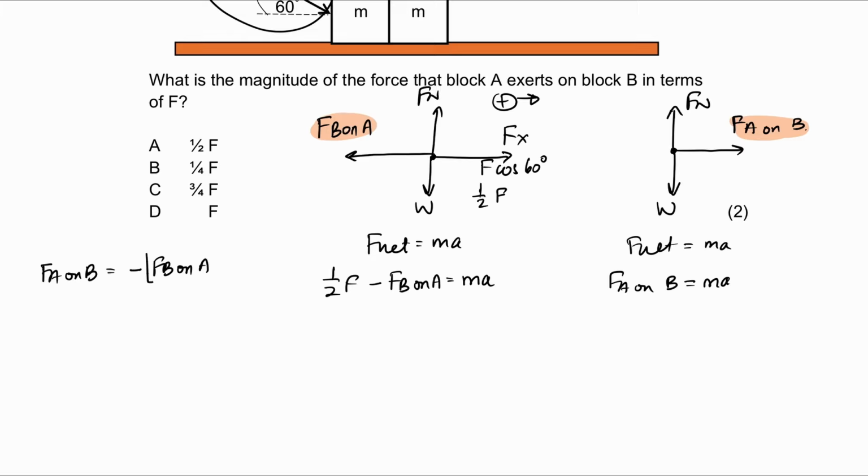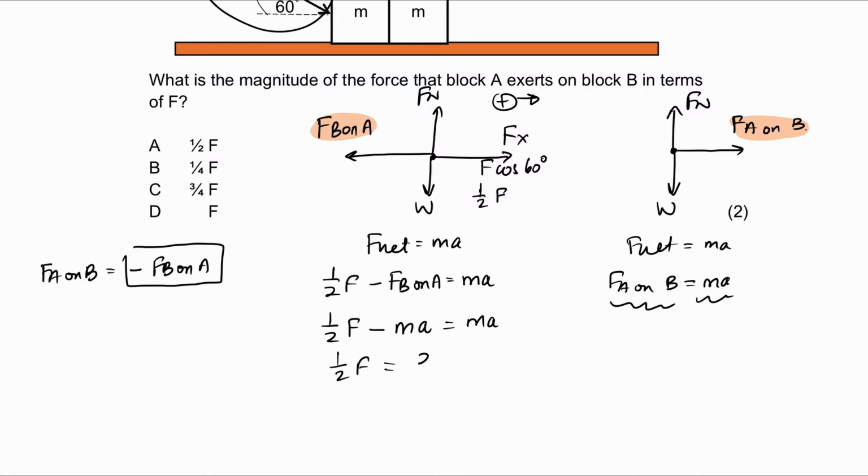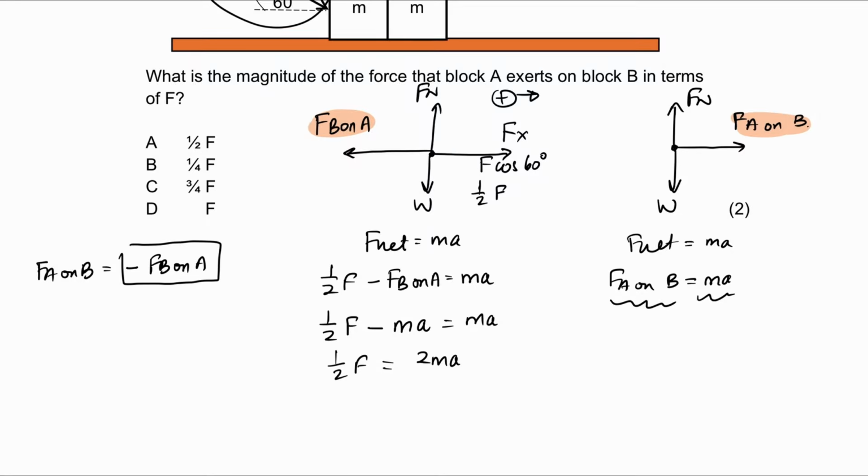So I can just replace this whole side here with F of A on B, which is ma. So I can say half F minus ma is equal to ma. So then half F is equal to 2ma, and that means that if I divide both sides by 2, I'll get a quarter F is equal to ma. So the answer here is going to be B.